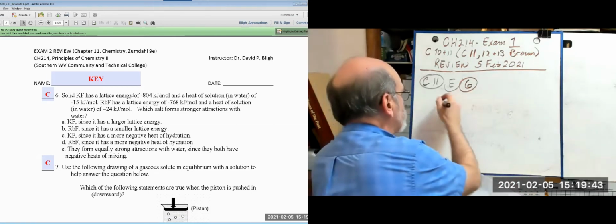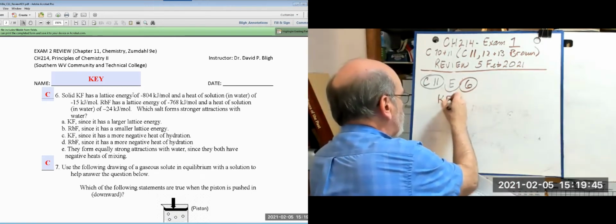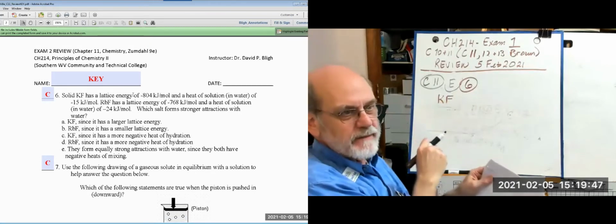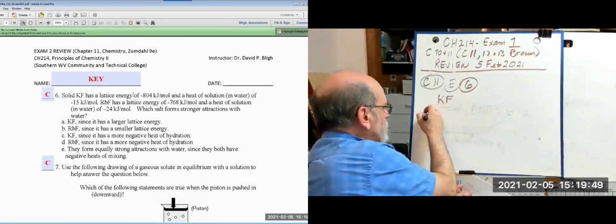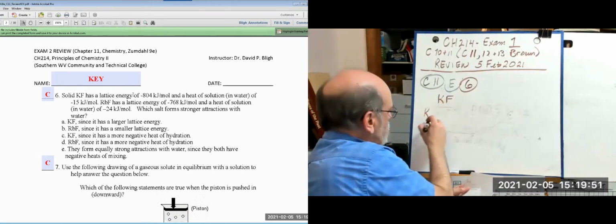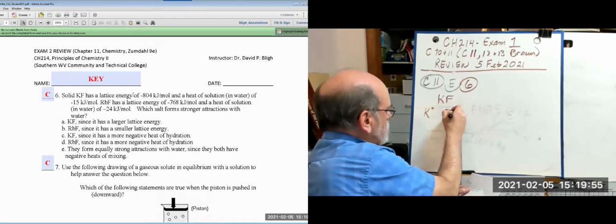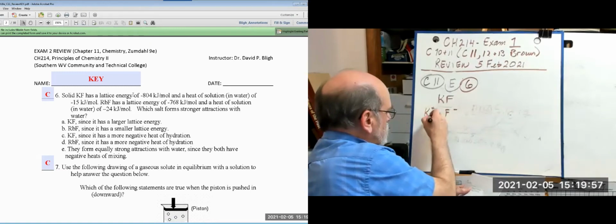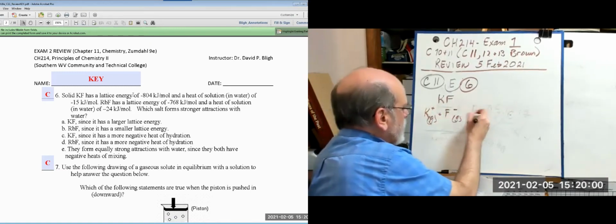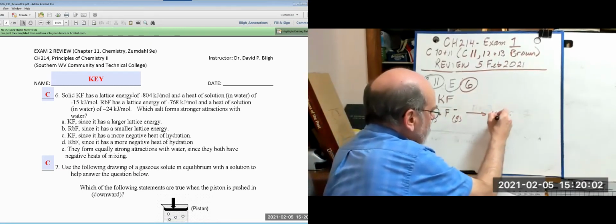So for KF, the lattice energy would be going from gas, individual gases, to the solid KF.